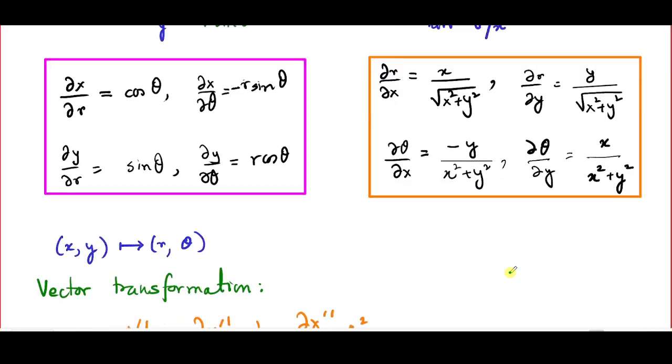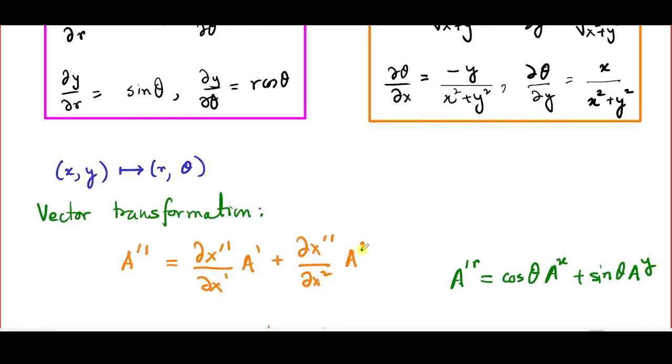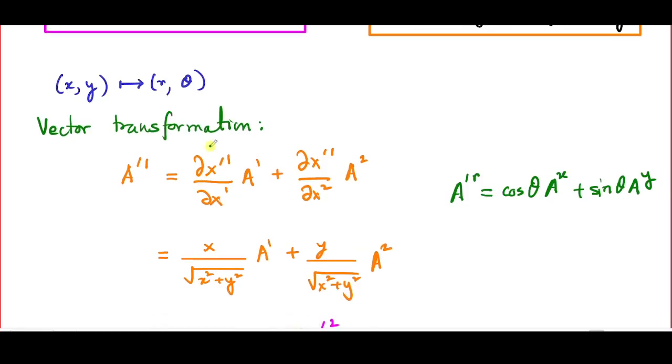Now, under xy going to r theta, how does a vector transform? If you look at a vector's one component in the new coordinate system, in this case, in the polar coordinates, a prime 1 will be given by del x prime 1 del x1 a1 plus del x prime 1 del x2 a2. And that del x prime 1 del x1 is nothing but del r del x, and this derivative here is del r del y.